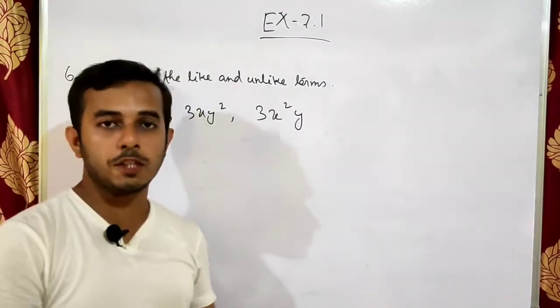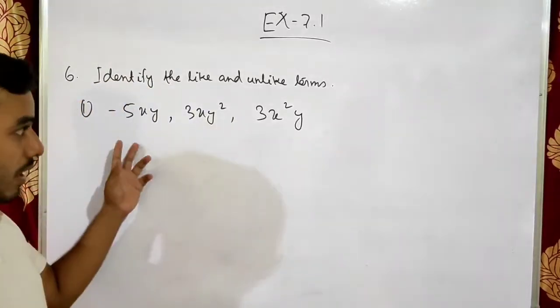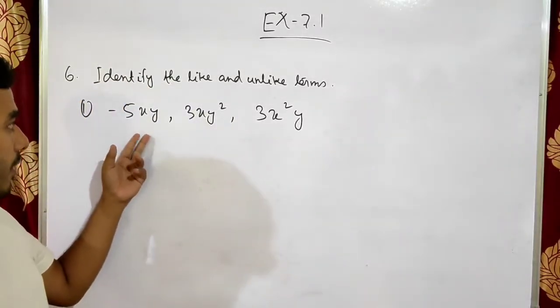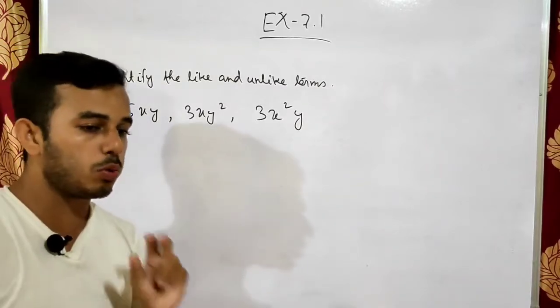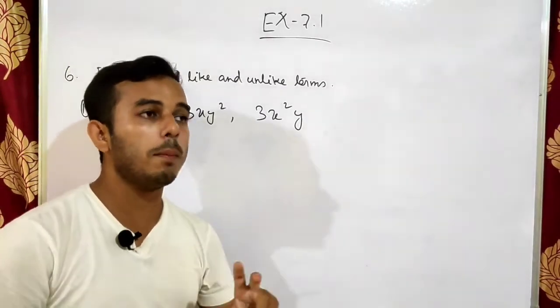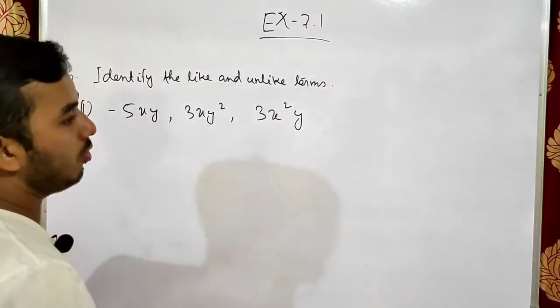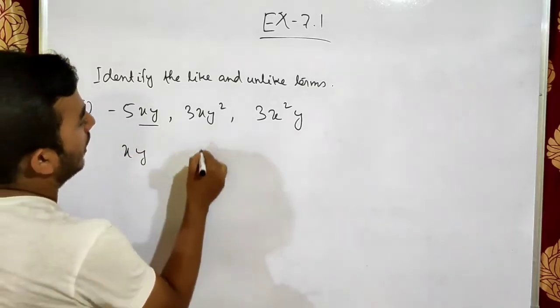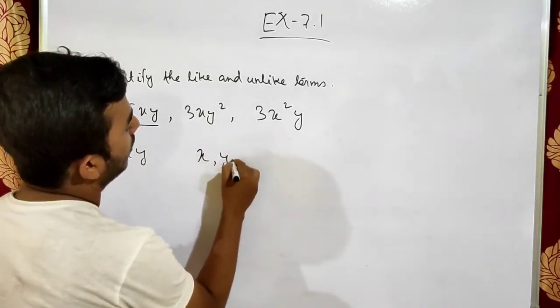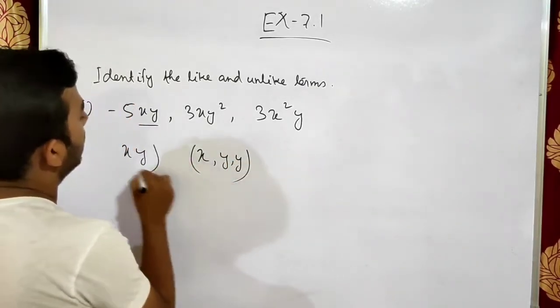Look at the expression carefully. The first term is minus 5xy. For like and unlike terms, what do we have to think about? We have to think about the variables, not the numerals. Here it is xy. Here it is x, y, y.